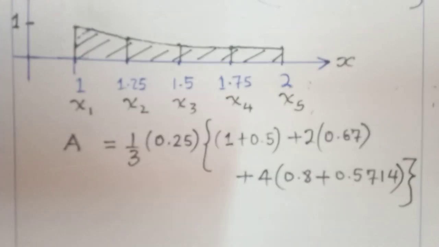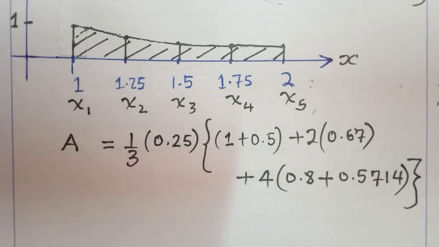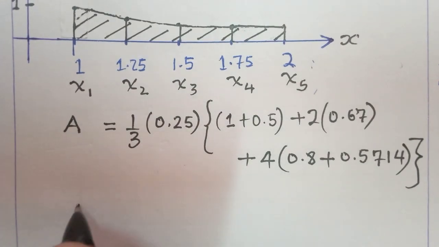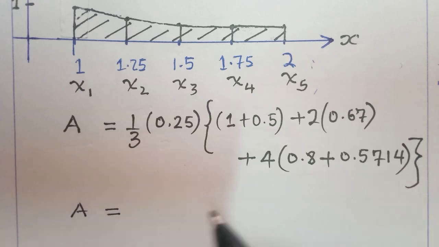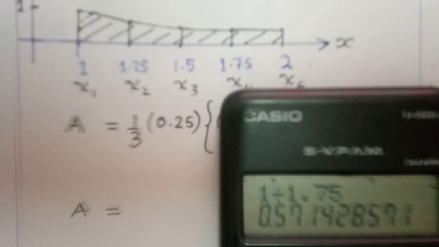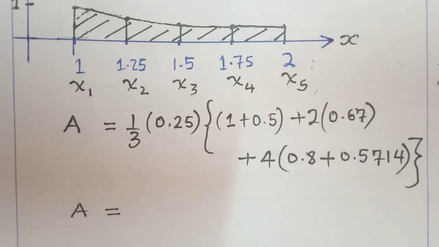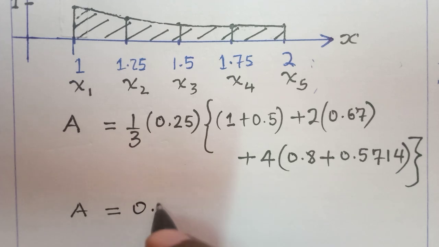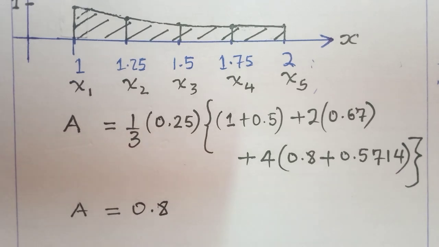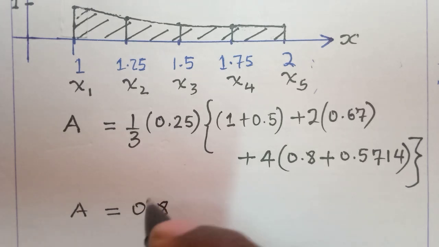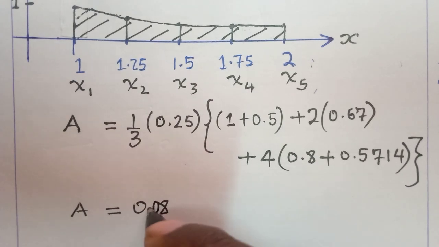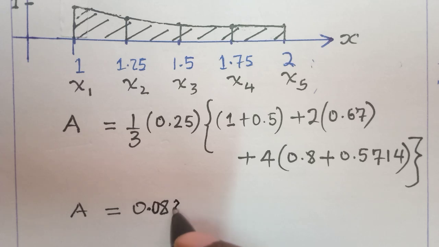So guys, let's now find our area. So our area is equal to 0.25 divided by 3 equals 0.083. Then you put that.